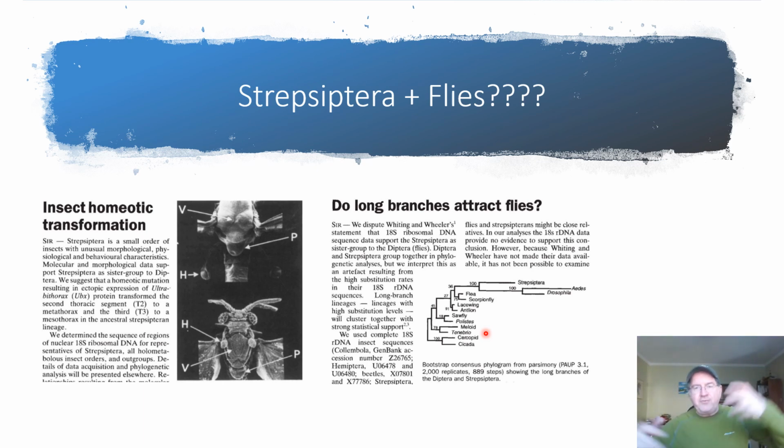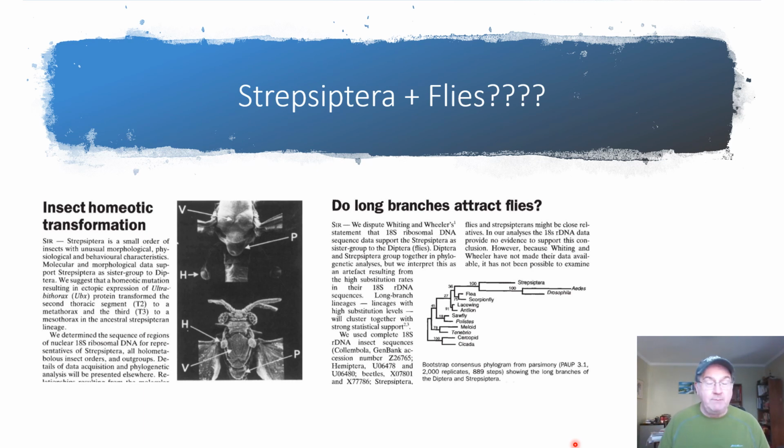And so now mesothoracic genes were being expressed in the metathorax, and metathoracic genes were being expressed in the mesothorax. At the point that this was published, it was basically looked at, should we analyze it this way or should we analyze it that way?